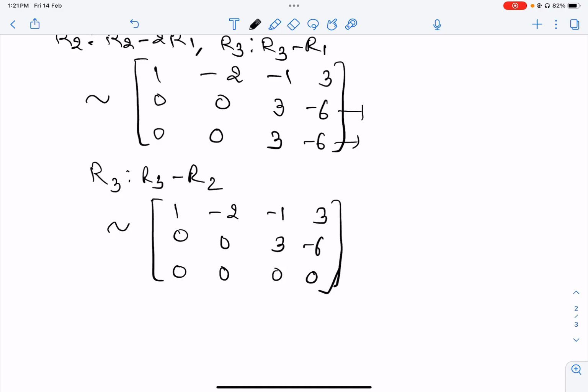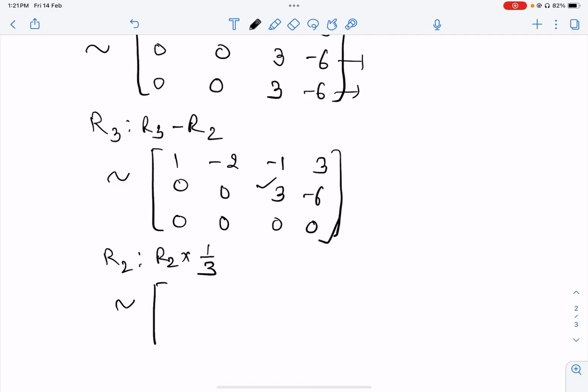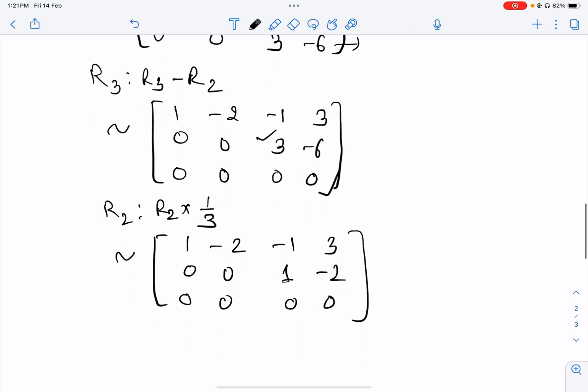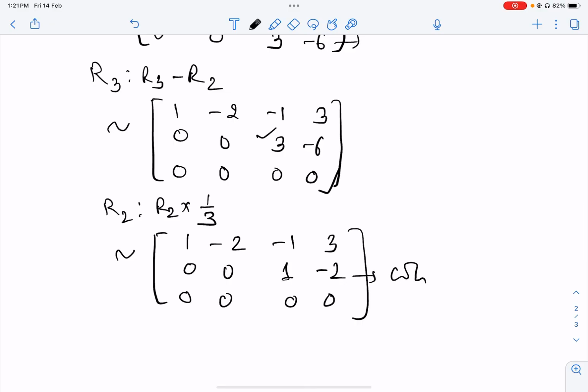And finally you can just divide by this 3, so R2 into 1 by 3, so that you have 1, -2, -1, 3, this is 0, 0, 1, -2, and 0, 0, 0, 0. Now which is in row echelon form.